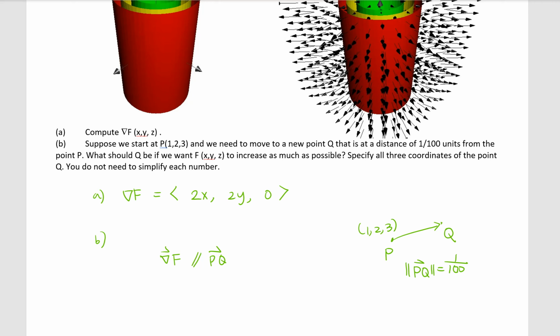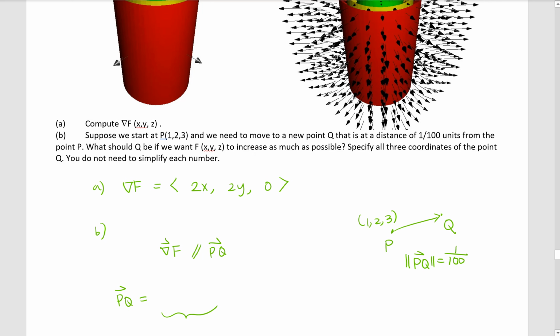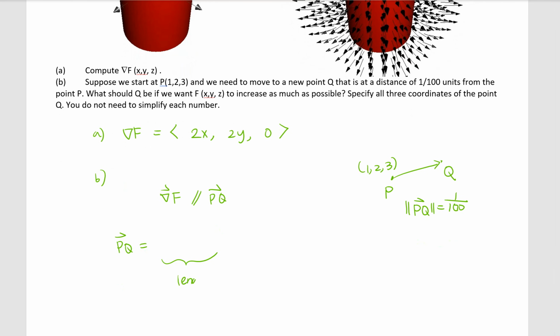Okay, so how can we find PQ? We know it's a vector. How to fix a vector? We need a length and we need a direction. We already know the length, 1 over 100, right? How about direction? Well, it's in the same direction as the gradient vector, but we don't want its magnitude, so we want a unit vector to denote the direction.